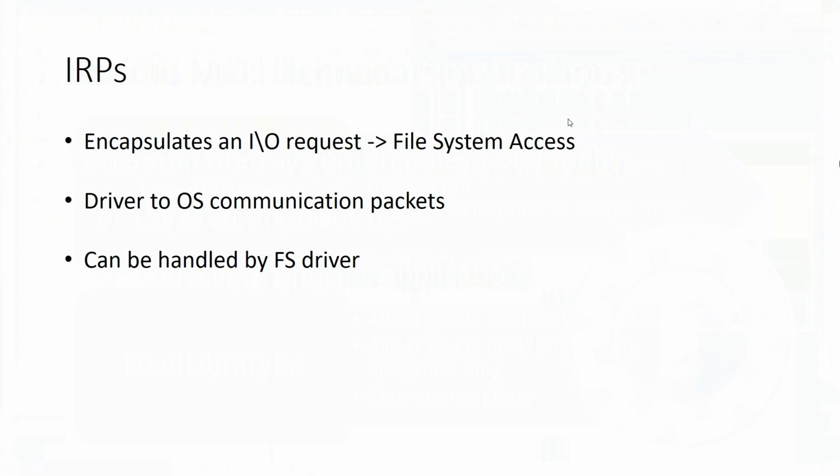IRPs are often queued for easier usage by drivers. The reason that we actually care about them is that each file access operation done by a thread generates an IRP inside the kernel. In other words, every create file operation causes our mini filter driver to receive an IRP.